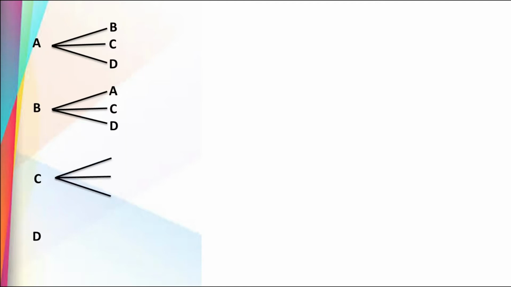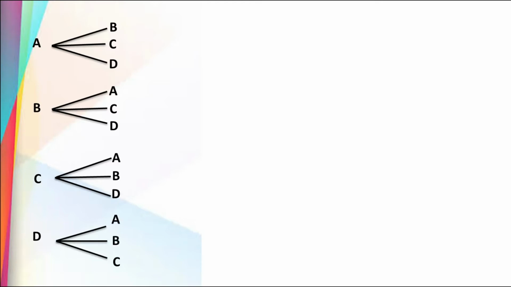If A is the first letter, then our next remaining choices are B, C, and D. If B is the first letter, then our next remaining choices are A, C, and D. If C is the first letter, then our next remaining choices are A, B, and D. If D is the first letter, then our remaining choices are A, B, and C.